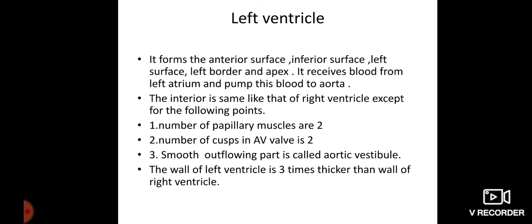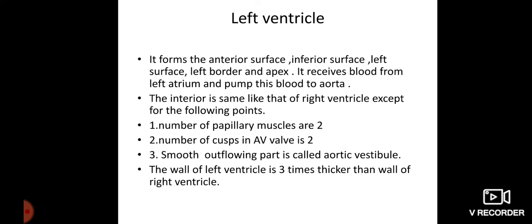The number of papillary muscles is based on the number of cusps. So 2 cusps are present in the bicuspid valve, so only 2 papillary muscles are present, that is the anterior papillary muscle and the posterior, not the septal. Then these papillary muscles are obviously connected with the cusps through string-like structures called chordae tendineae.